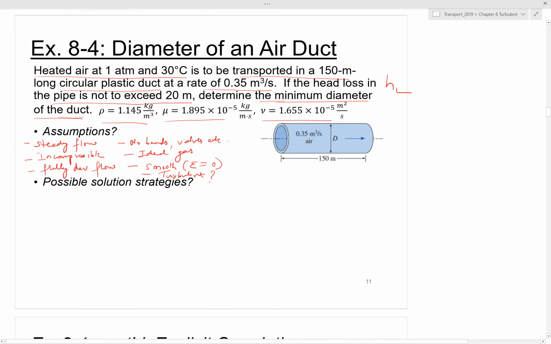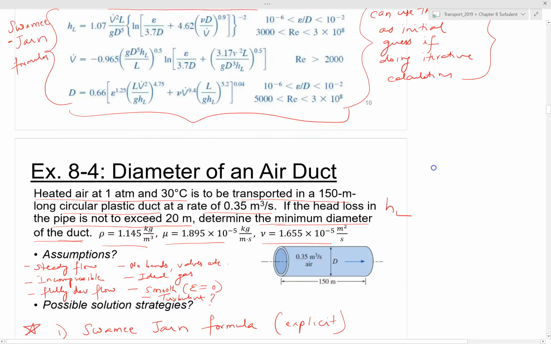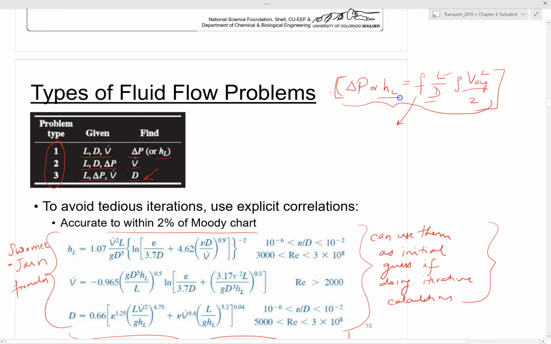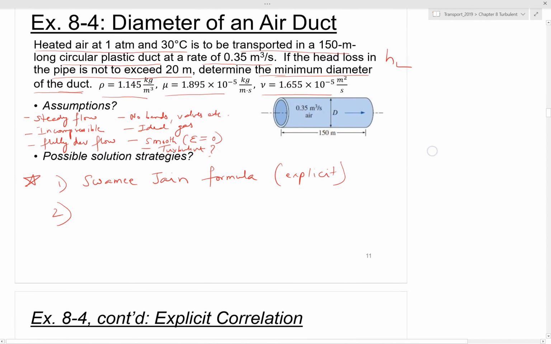So, possible solution strategies. The Swamee-Jain formula, the third type, which is explicit. The other thing is, as I said, write down the fundamental HL equation and calculate. You can iteratively solve this set of equations using a solver.